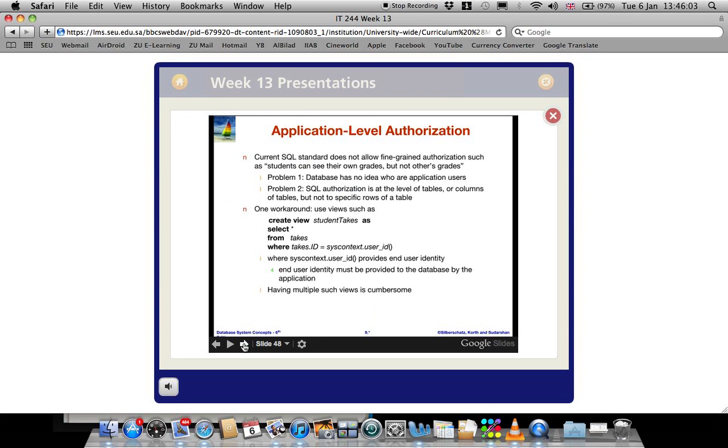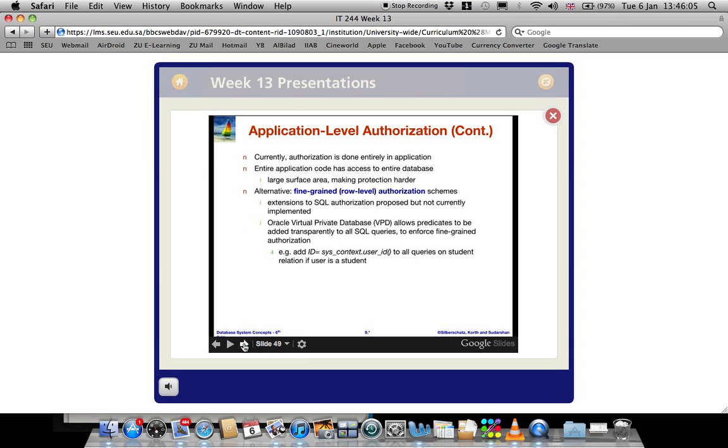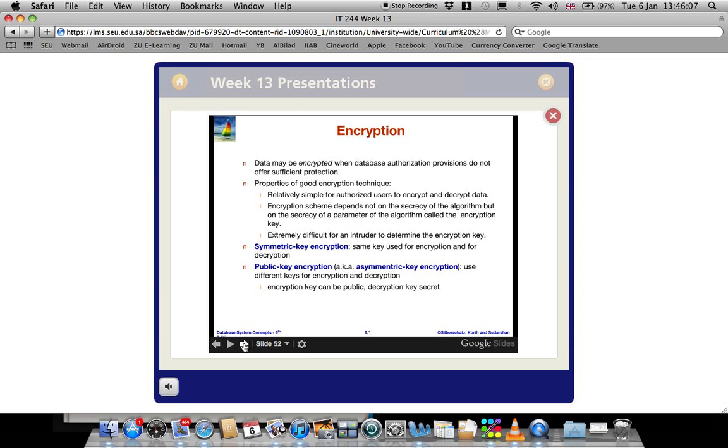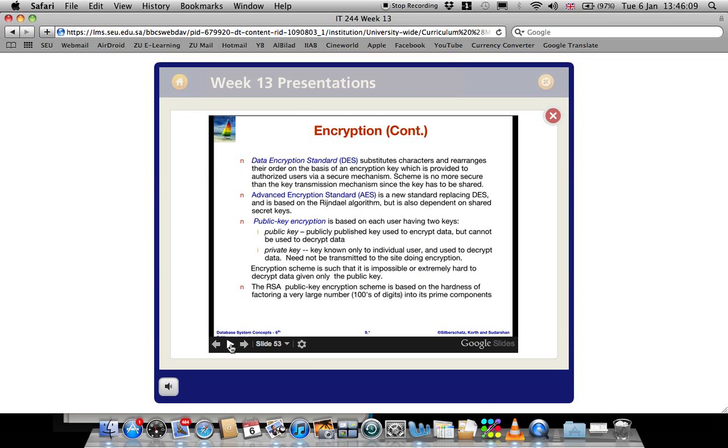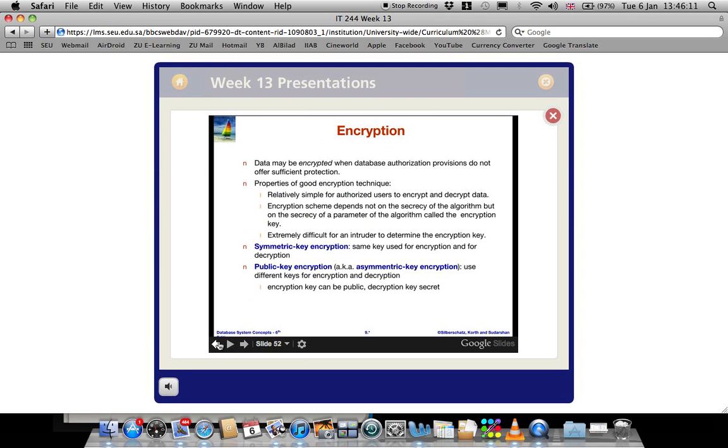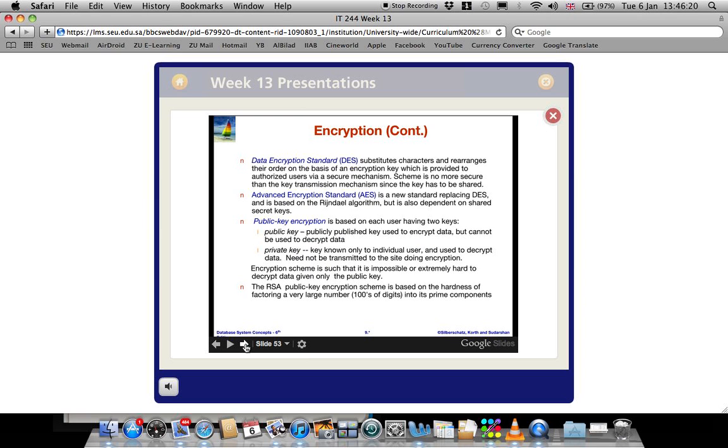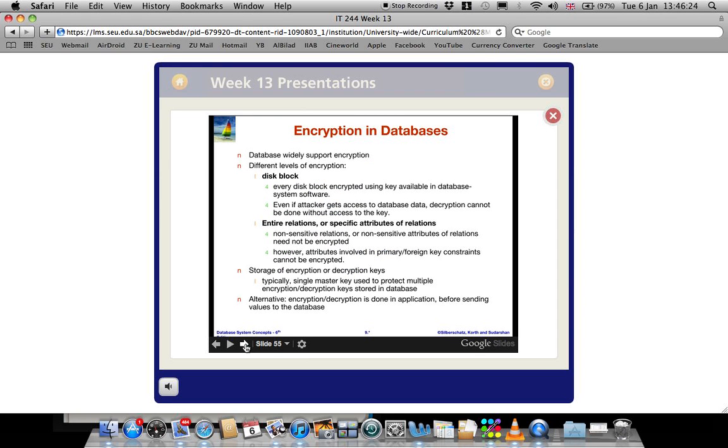Just briefly again on security, have a brief understanding of security encryption as well. Very important definitions in encryption. Make sure you understand the definitions, like what a symmetric key is, what an asymmetric key is, what DES and AES are. All these definitions are important for you to know.